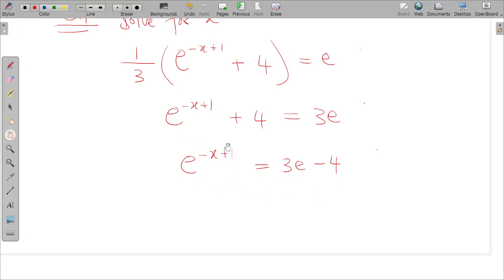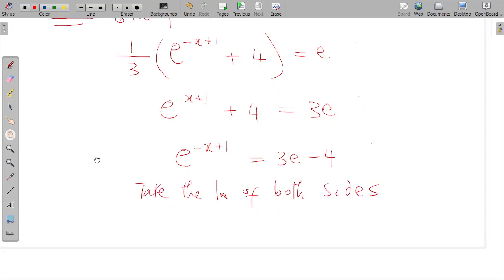Okay, we need this to stand on its own so that when we take the natural logarithm, the natural logarithm can act on e, and then we get only the exponent, or only the power. So taking the natural logarithm of both sides, take the ln of both sides.